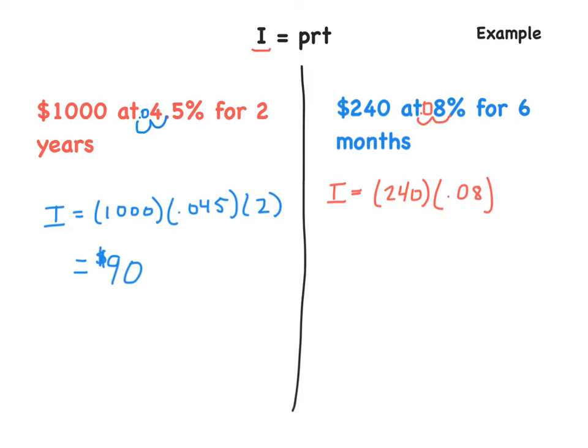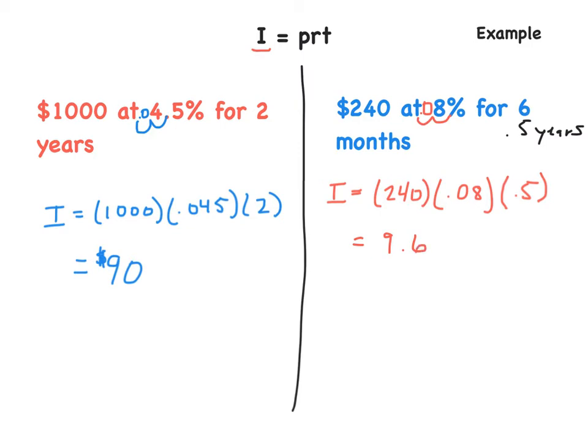There are basically 0.5 years, which is the same as 1/2 of a year. I'm going to use 0.5, or 1/2. So I multiply by 1/2. Now when we multiply that, we get the amount of interest as 9.6.